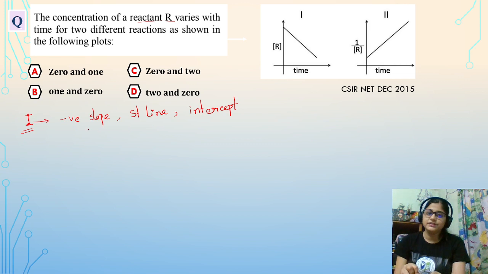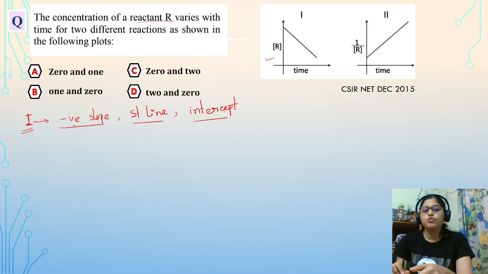Only these three we can say in this one. Okay, first try to solve only this graph, then we will go to the next one. If you remember, for the first order reaction there was a log value, right? But here no log values are there, only AT or R.